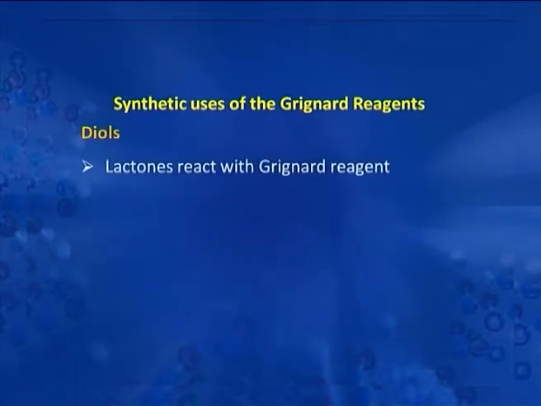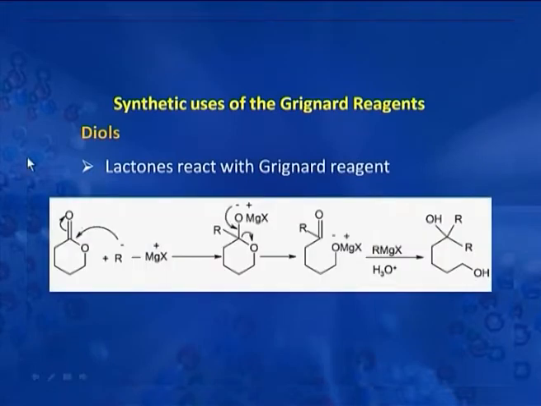With the help of lactones, we can form diols. Lactones react with Grignard reagent followed by hydrolysis to give diols. There are two alcoholic groups.